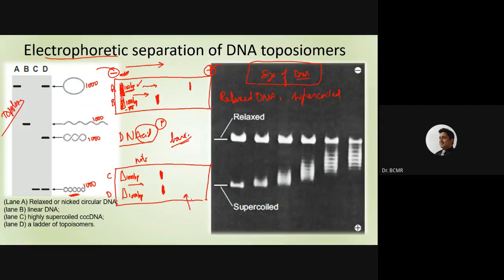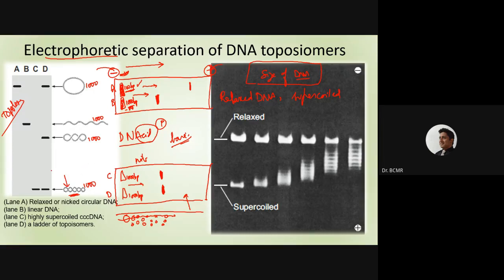We put this in agarose gel. The agarose gel has tiny pores, which are not visible to us. Based on the concentration you take, they'll have tiny pores. The DNA molecule should travel through them, right? And if it is much more compact, like in the supercoiled nature, then it can travel faster.